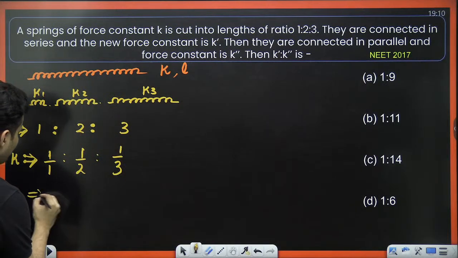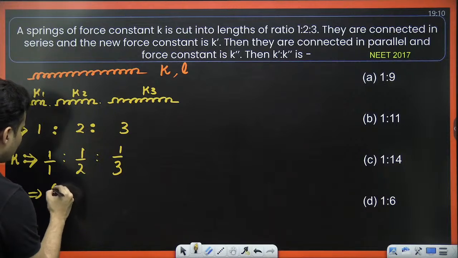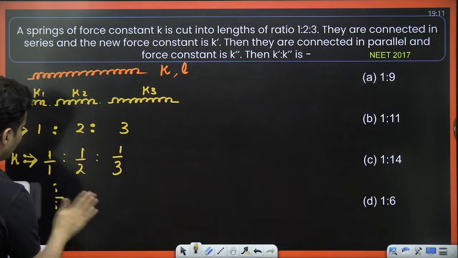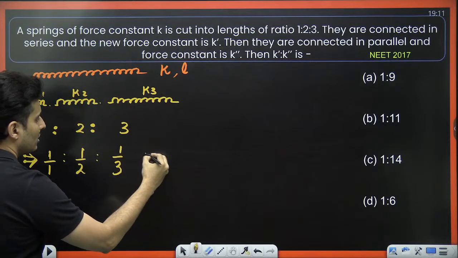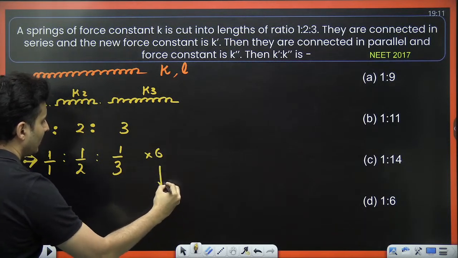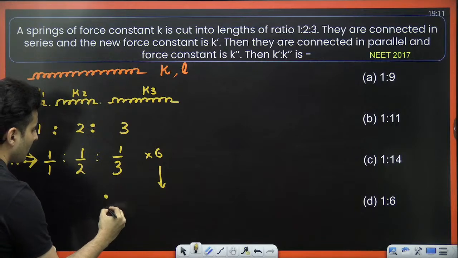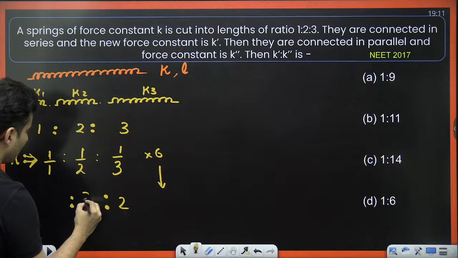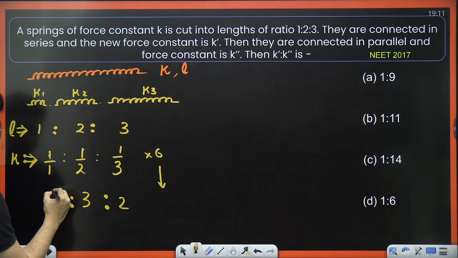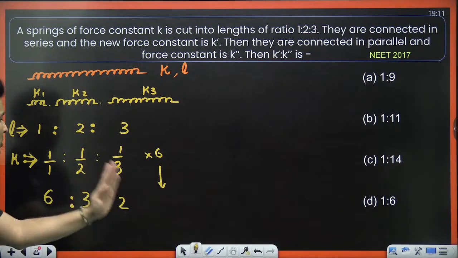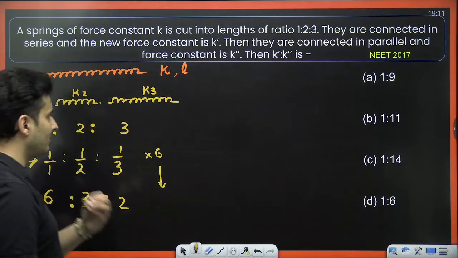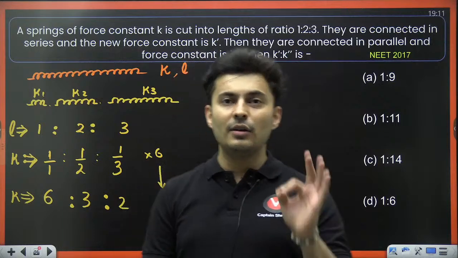You multiply by 6 and see what you get. 6/3 is 2, 6/2 is 3, 6/1 is just 6. So it is 6:3:2. That is the value for the individual springs.